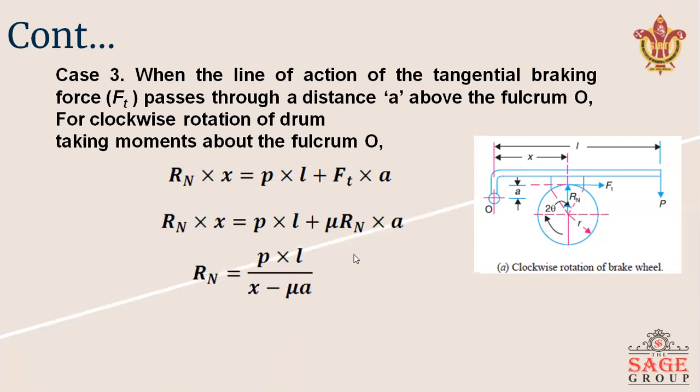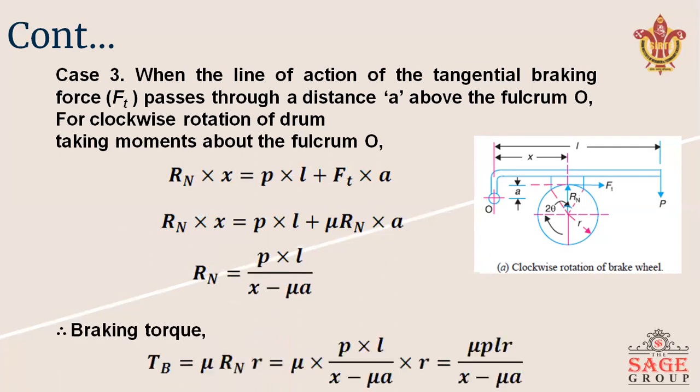The braking torque Tb is equal to mu Rn into R. Substituting the value of Rn in this equation, we have the braking torque Tb equal to mu P L R upon x minus mu a. So this is the simple numerical derivation of the single shoe brake.